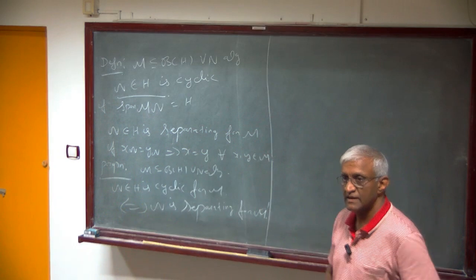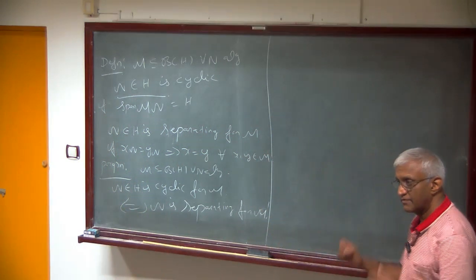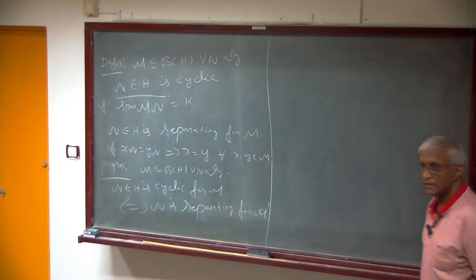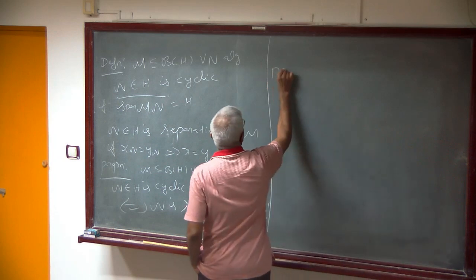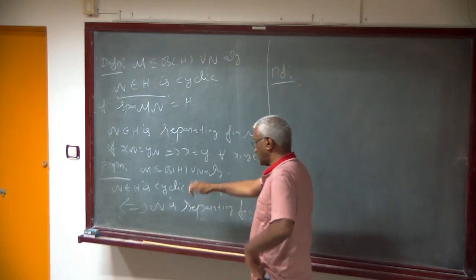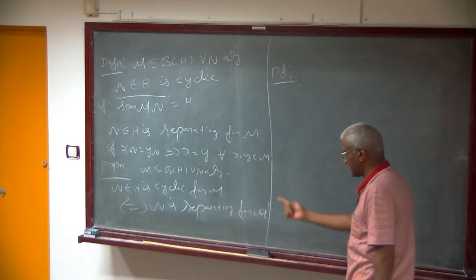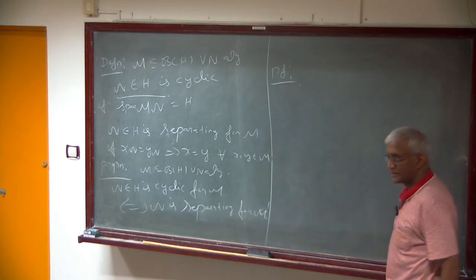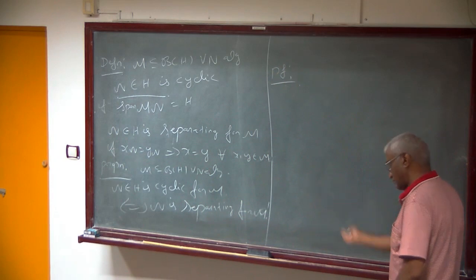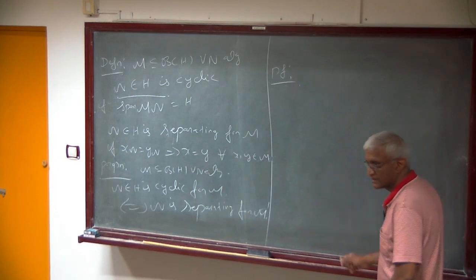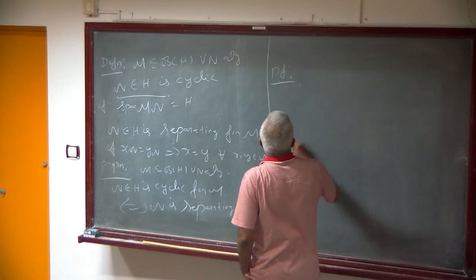The vector is cyclic for M, it is separating for the commutant. Proof. Of course, you can reverse M and M prime, it's the same thing. I mean, M equals M double commutant, M is the commutant of M prime, so you can exchange them, you can switch.